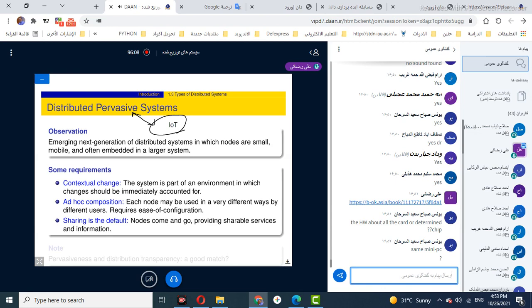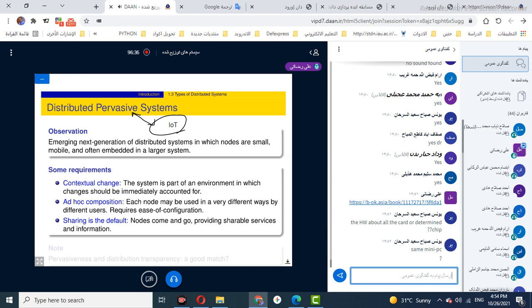For example, the smart cell phones we use are part of these pervasive systems, or the temperature sensors and light sensors we use in our houses, or smart driving alert signs.